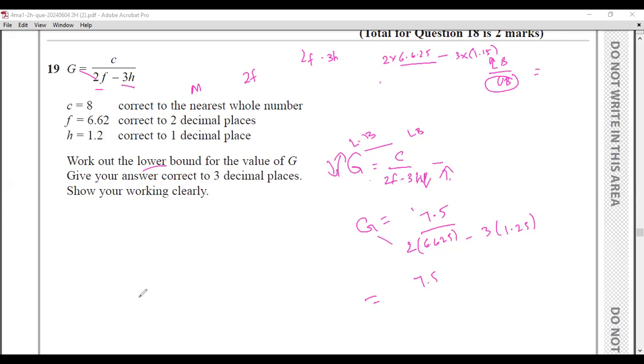So let's see what's the answer for this. Let us use our calculator here.